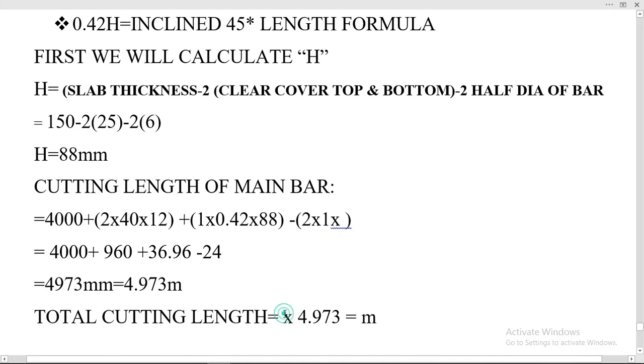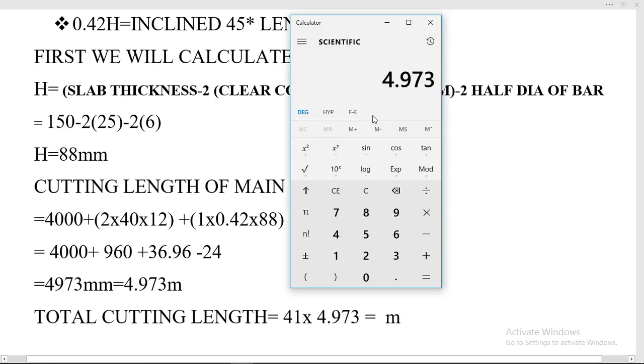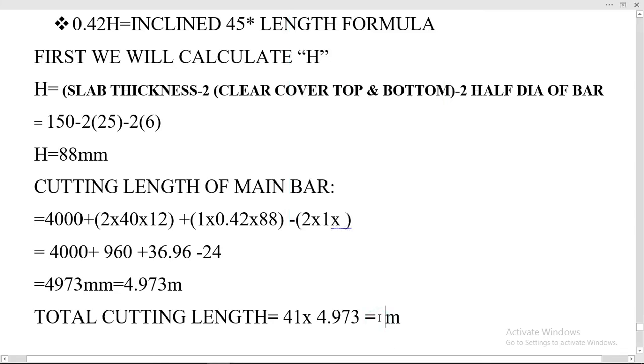This will give us the total cutting length. So 4.973, one cutting length of main bar, multiply with the total number of main bars, 41. Total cutting length required for main bar is 203.8. Let me take it 204 meter. 204 meter total required cutting length for main bars.